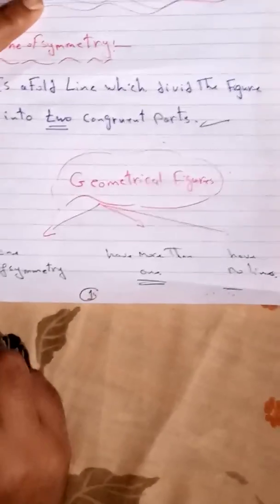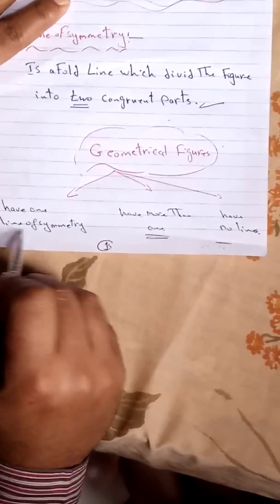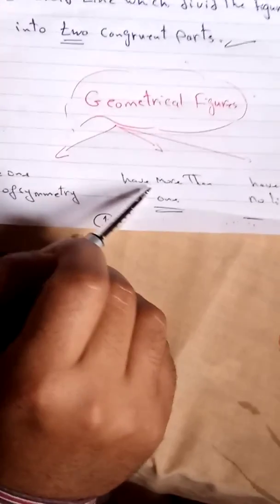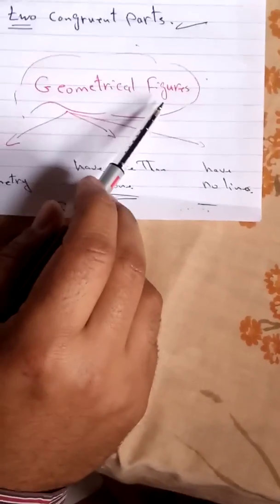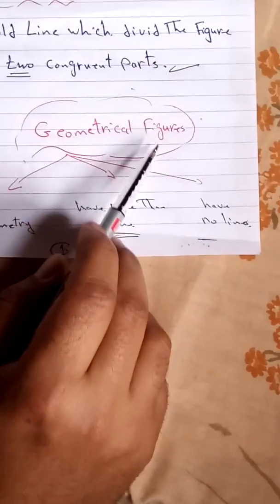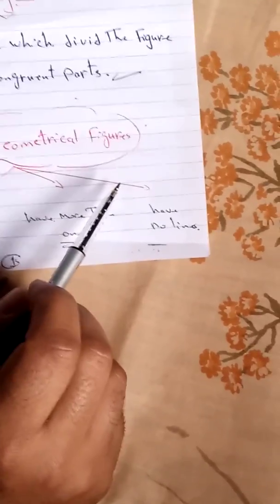Of course not. Some geometrical figures have one line of symmetry, some have more than one, and some have no lines of symmetry.